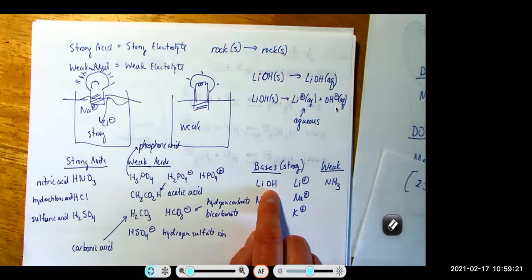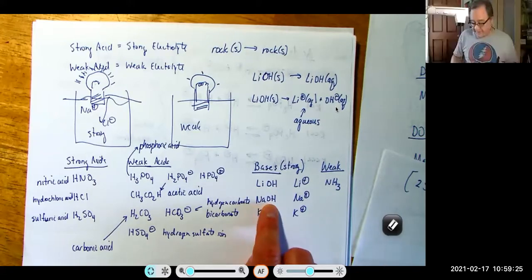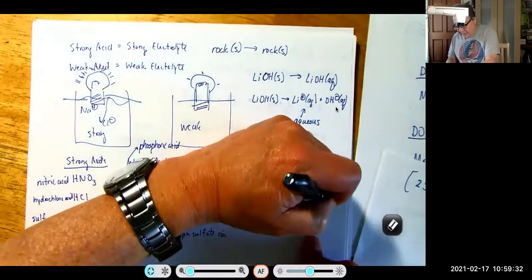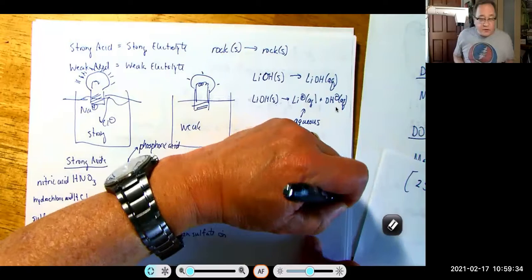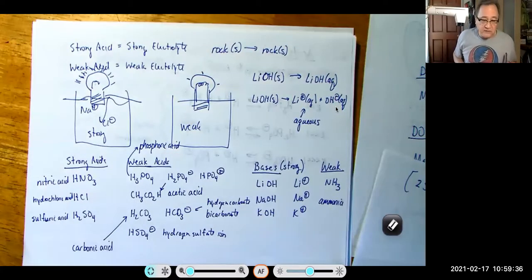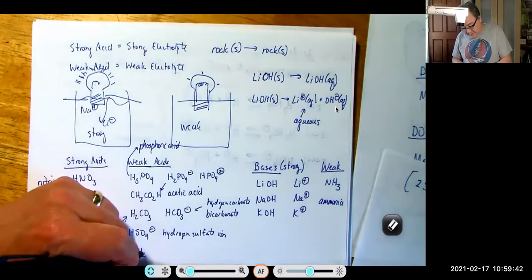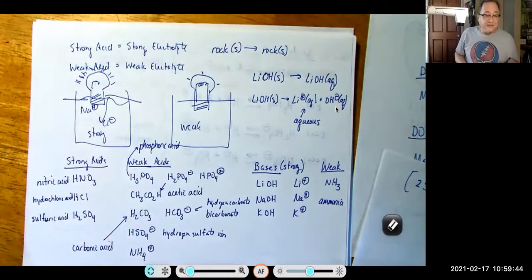What would this one be called? Sodium hydroxide. Correct. How about this one? Potassium hydroxide. Correct. And this one is ammonia, not to be confused with ammonium. And it turns out ammonium is a weak acid.